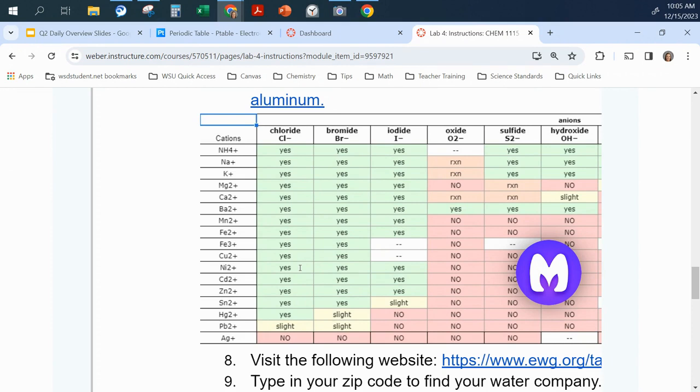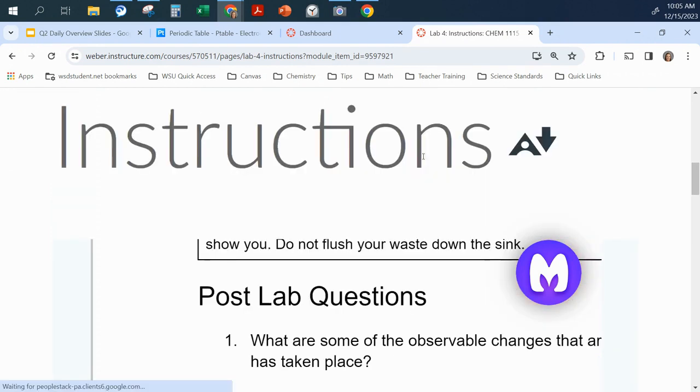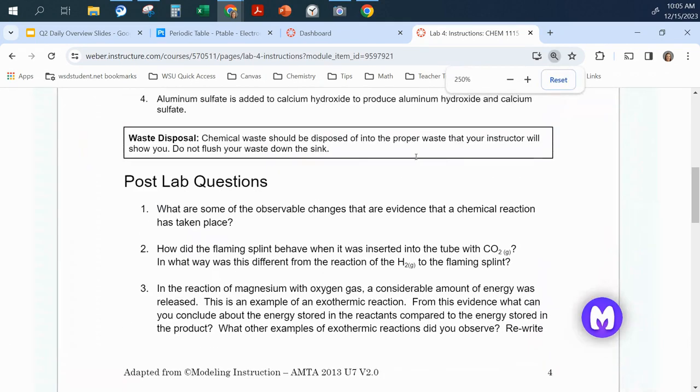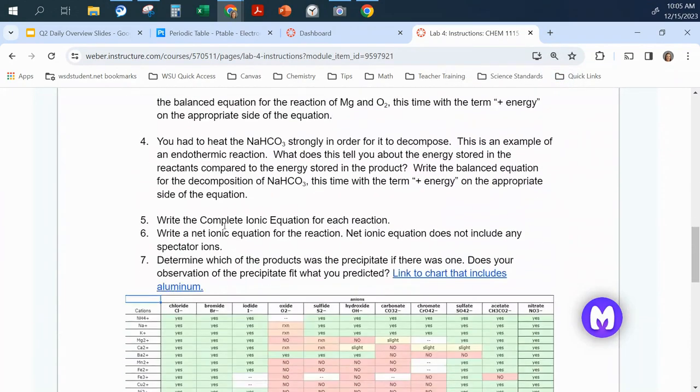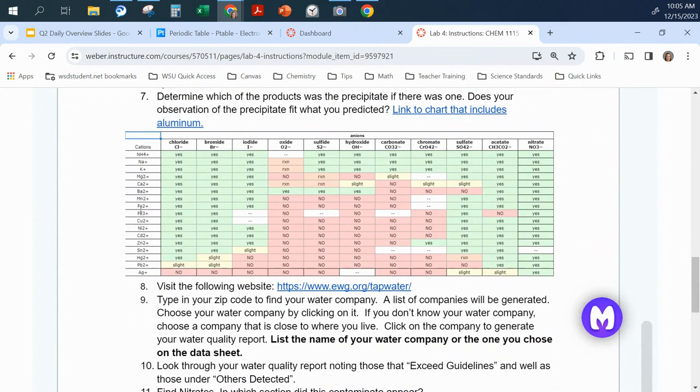Okay. So we have nickel carbonate. Let's scroll over. So hopefully this is easier on your paper. We've got nickel 2+, that's this one. And then I'm going to look over and find carbonate. So nickel carbonate says no, it's not soluble. So that's going to be our solid.